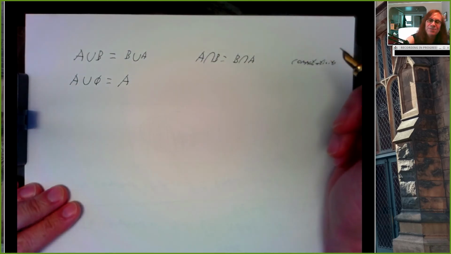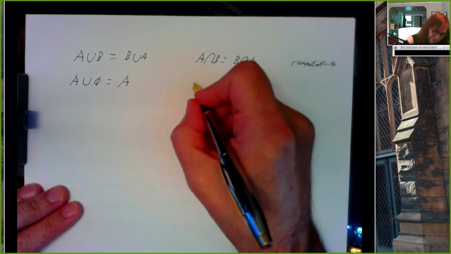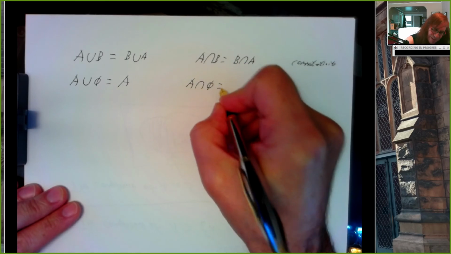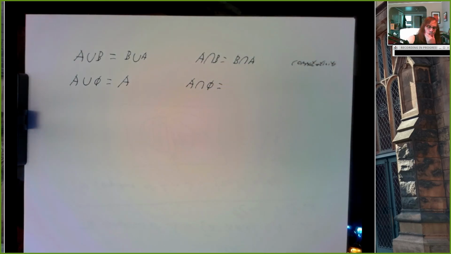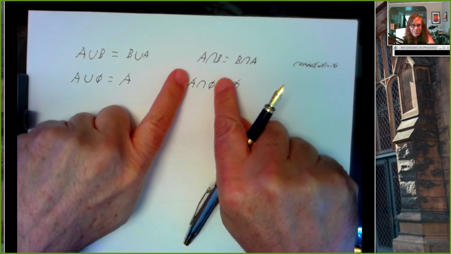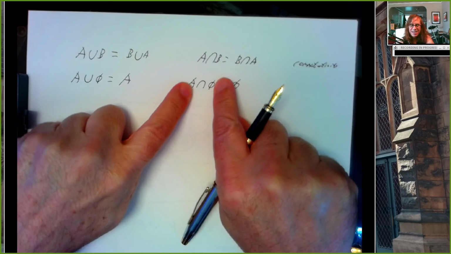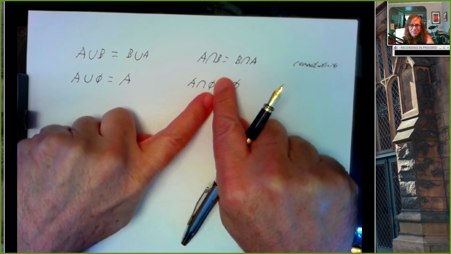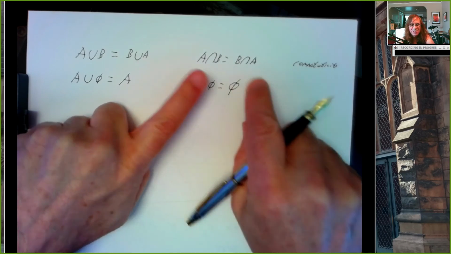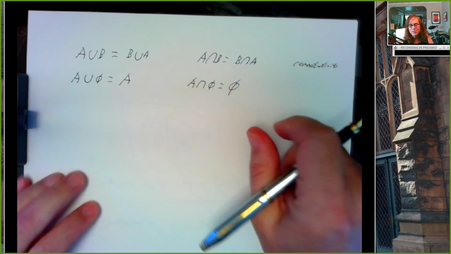They're both commutative, correct. Okay. What if I intersect A with the empty set? Results in the null set, yeah? Yep, that's going to be the null set, because this says I want all the elements that are in A and also in the empty set. Well, there is no such element, because there are no elements in the empty set, so this intersection is just the empty set.